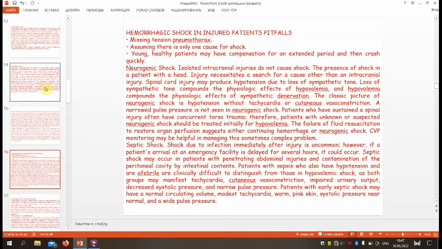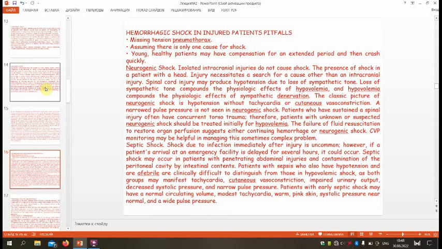Next is neurogenic shock. Isolated intracranial injuries do not cause shock. The presence of shock in a patient with a head injury necessitates a search for a cause other than an intracranial injury. Spinal cord injury may produce hypotension due to loss of sympathetic tone.